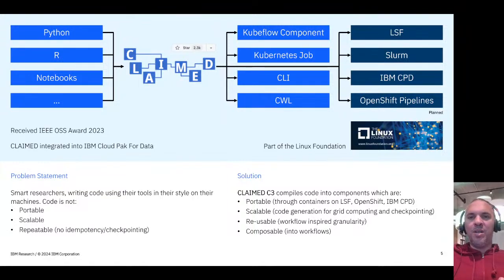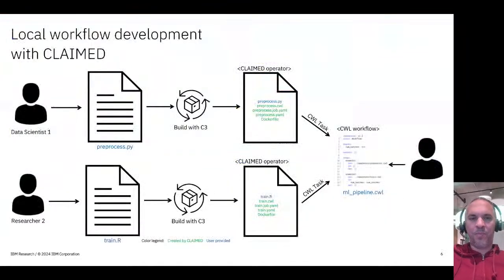And also, since containerless components are supported, it also would run on the traditional HPC workflow managers like LSF, Slurm, PBS, and so on. The way this works is, the blue stuff is created by a data scientist, a researcher, or whoever creates the ingest or data processing or transformation pipelines. And then all that's green here is created by the compiler.